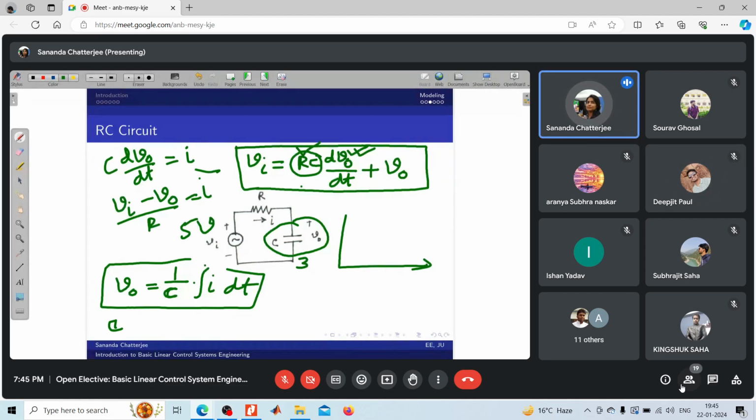So if there are only constant coefficients involved in the differential equation, with constant coefficients in this case, we can say that the system will be linear and time invariant. Okay.